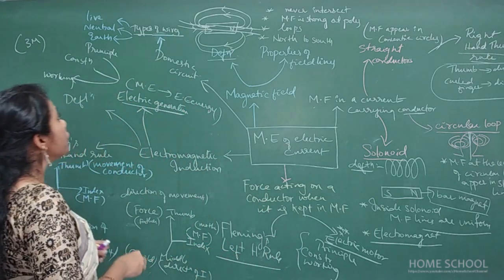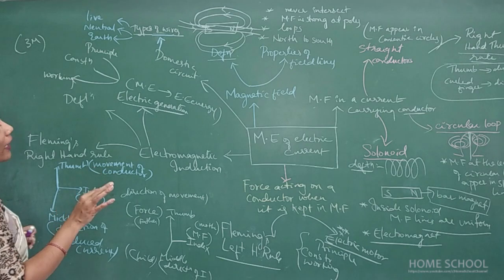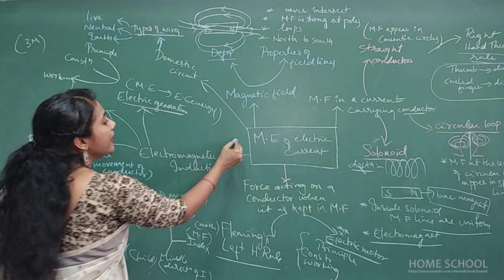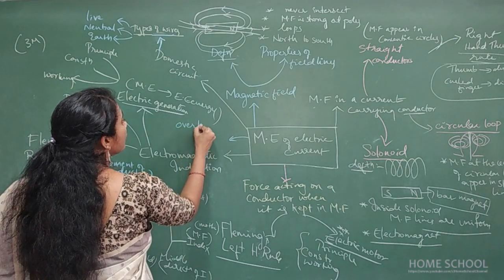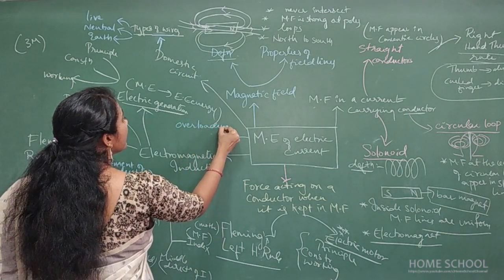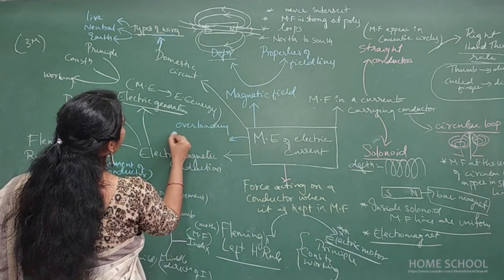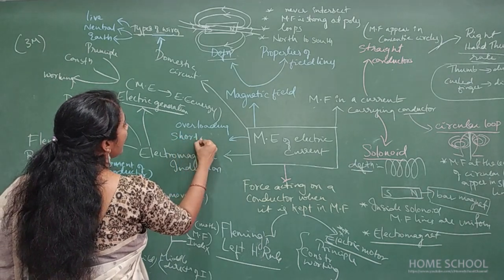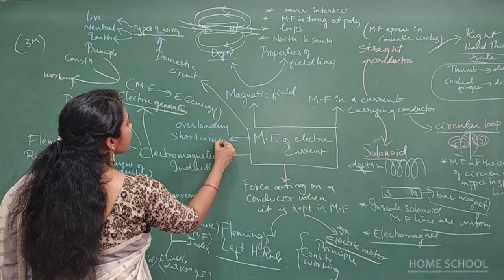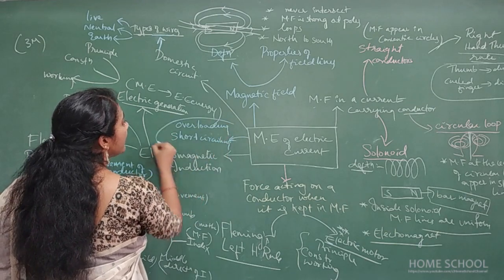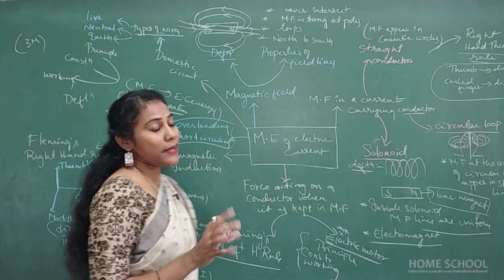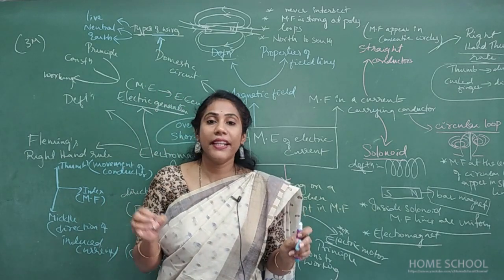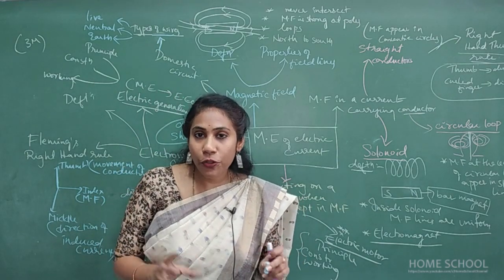Also you must understand a few definitions, like overloading and short circuiting. You must know the difference between overloading and short circuiting. And you must also know about fuse. What is the importance of fuse here?